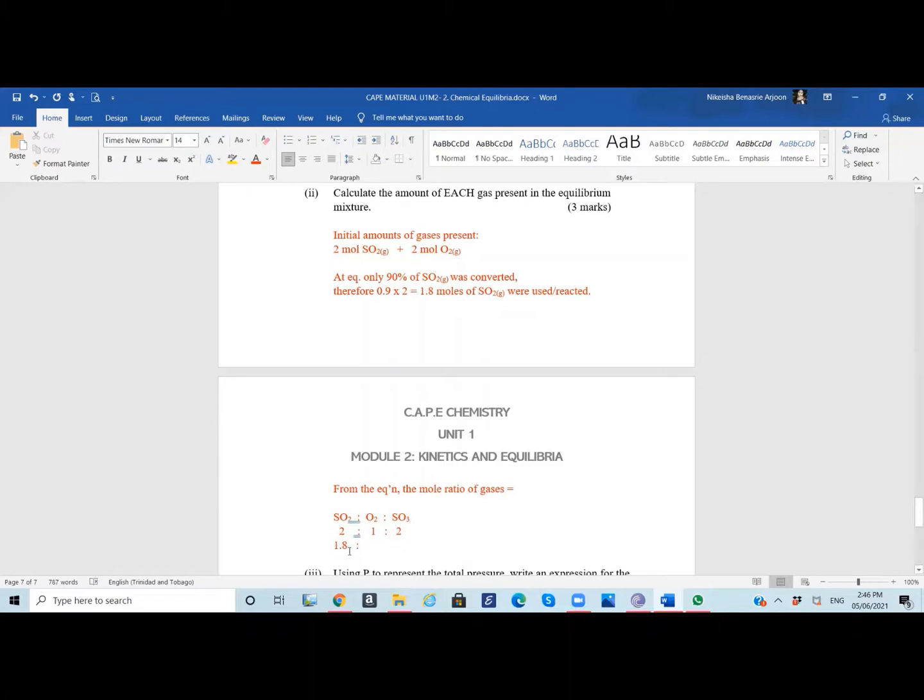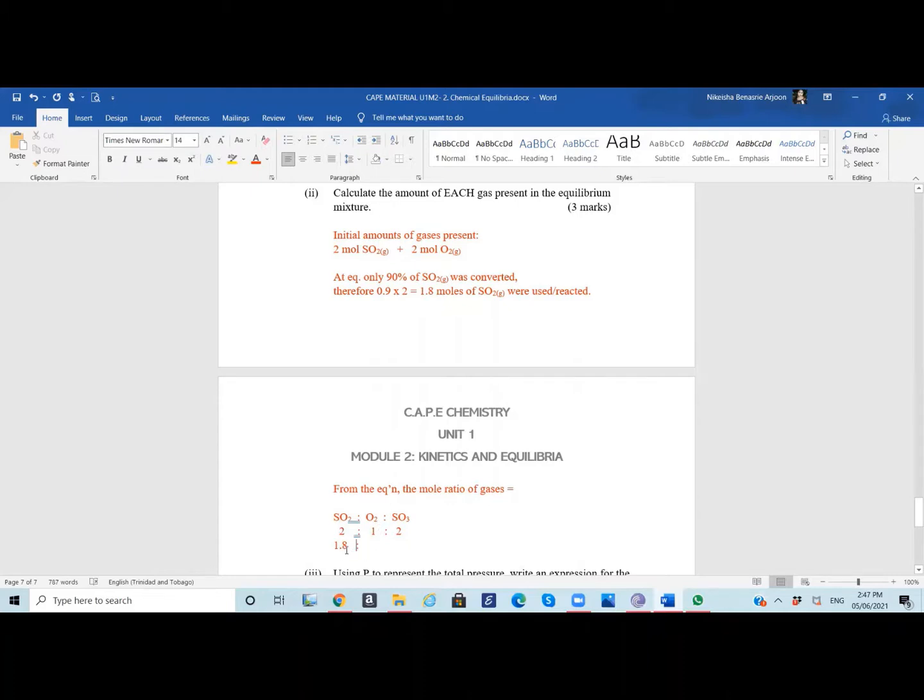Since 1.8 moles of SO2 reacted, and we see from the equation that the mole ratio of how they react is that 2 moles of SO2 would react with 1 mole of oxygen, so that's a 2-to-1 ratio there.